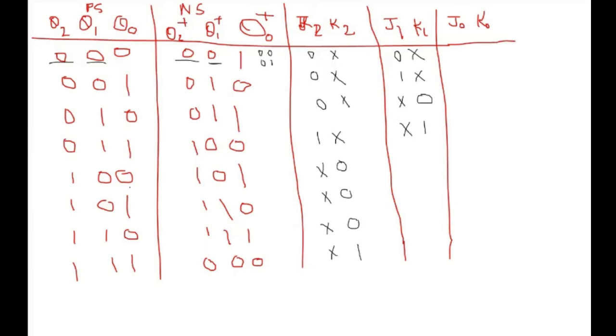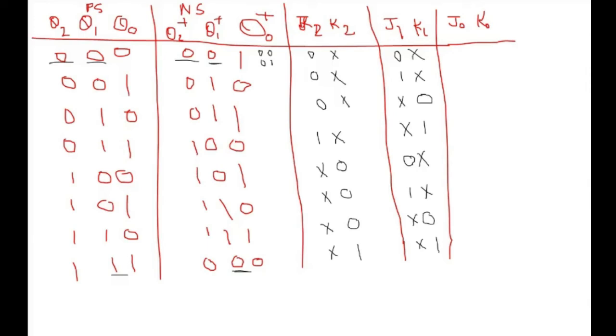Then 0 to 0 is 0x. 0 to 1 is 1x. 1 to 1, x0. And the last, 1 to 0, x1, right?